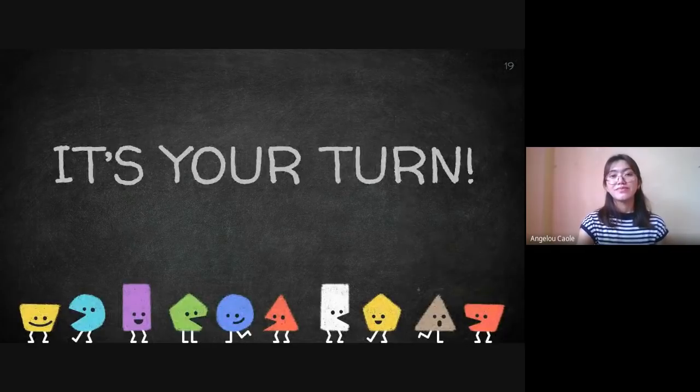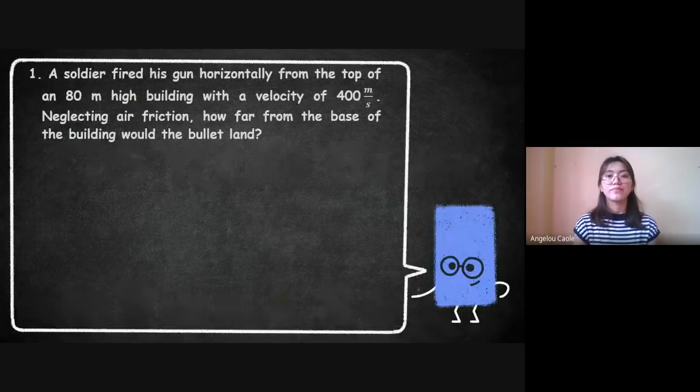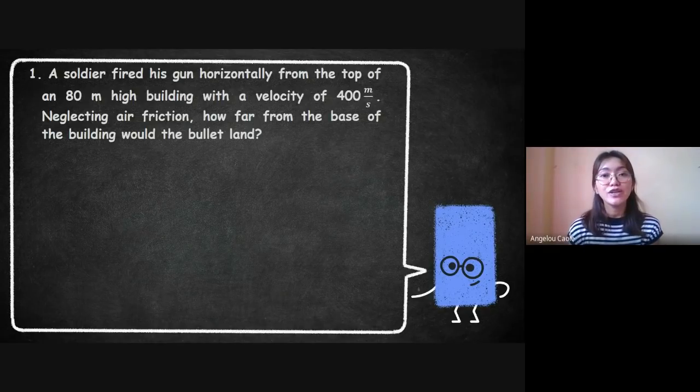Now, let's proceed to some other problems. Problems involving the vertically launched projectile, involving the horizontally launched projectile, and circular motion. So first, we have a soldier fired his gun horizontally from the top of an 80 meters high building with a velocity of 400 meters per second. Neglecting air friction, how far from the base of the building would the bullet land?